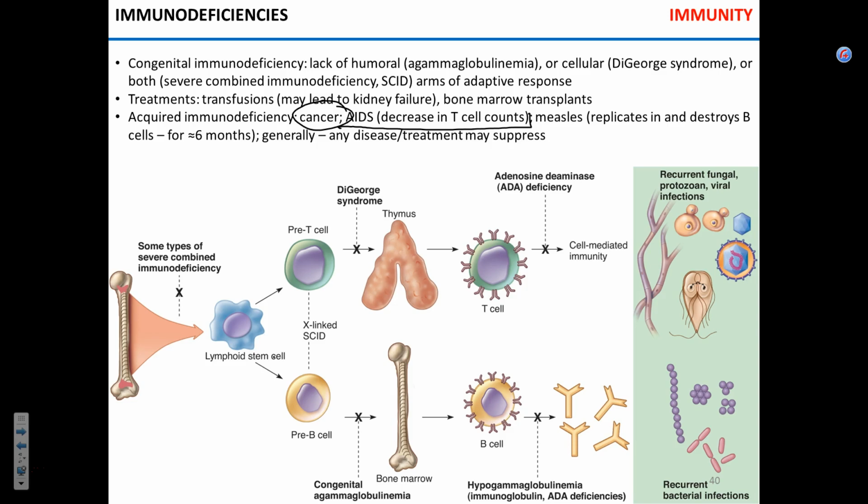Measles virus reproduces in B cells and kills them. And for about 6 months, the person becomes immunosuppressed, immunodeficient. Generally speaking, any condition that affects your immune system can be considered an acquired immunodeficiency, whether it is temporary or permanent. Does that make sense? Acquired immunodeficiency is one that we're not born with. We good? Clear?